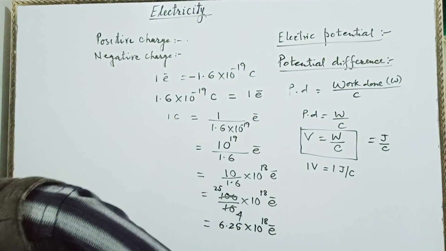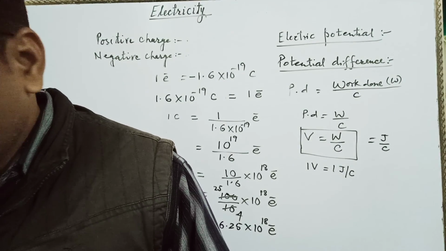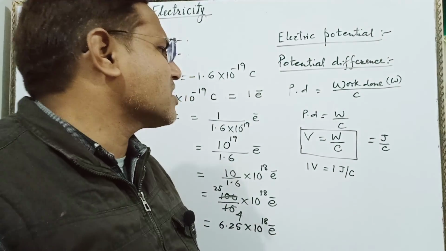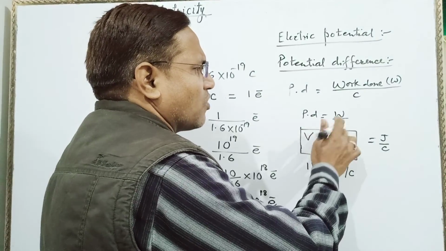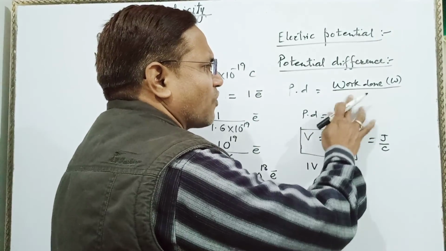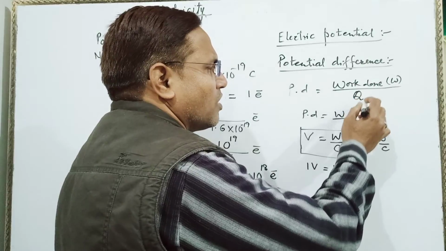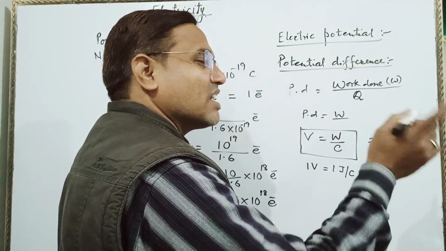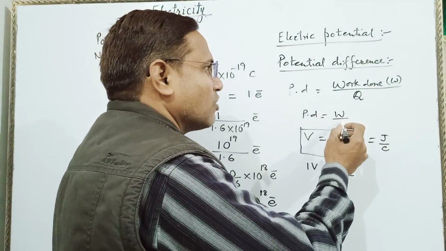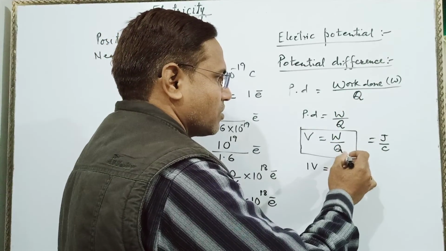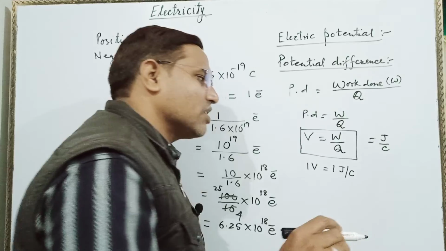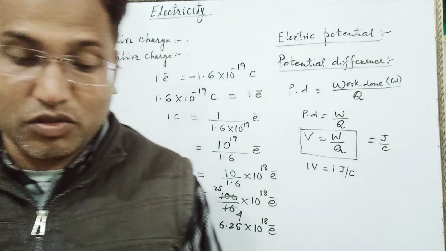One more thing: in some places you may find the charge moved written as Q instead of C, because C is the SI unit coulomb, so you can also write W by Q. It is no problem. V is equal to W by Q.